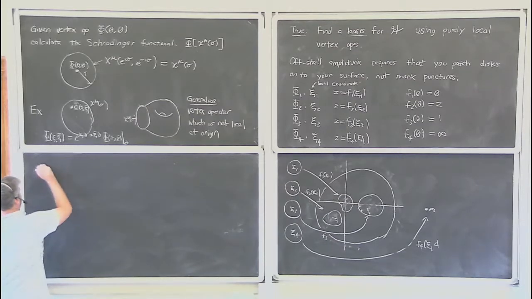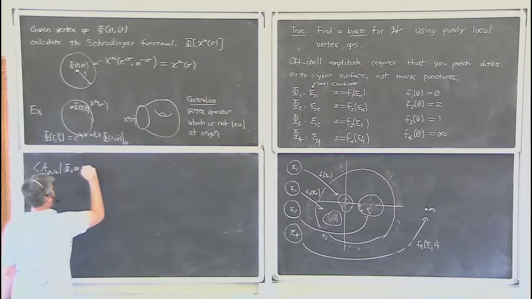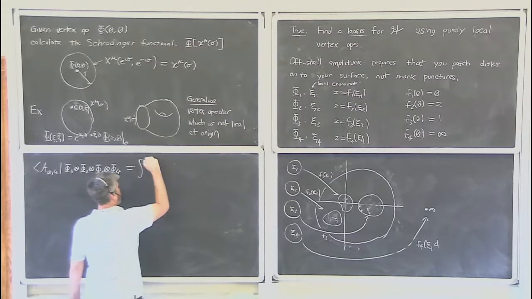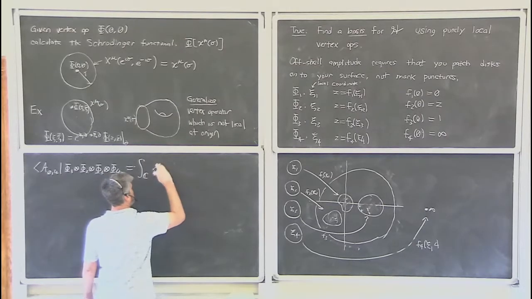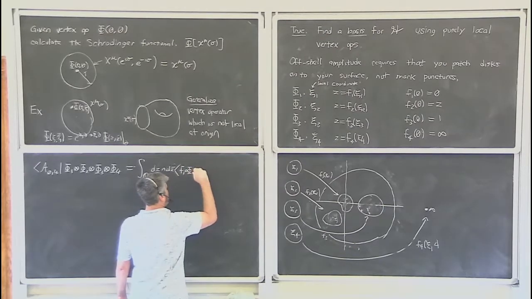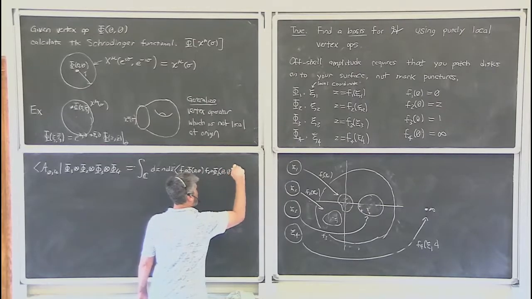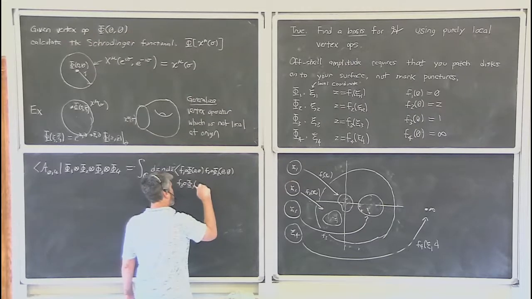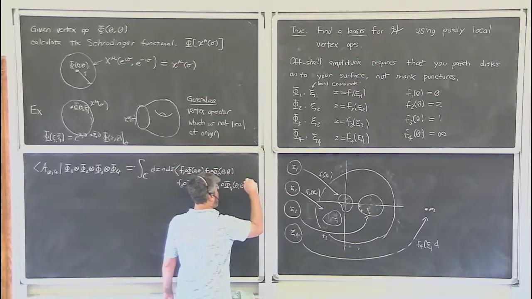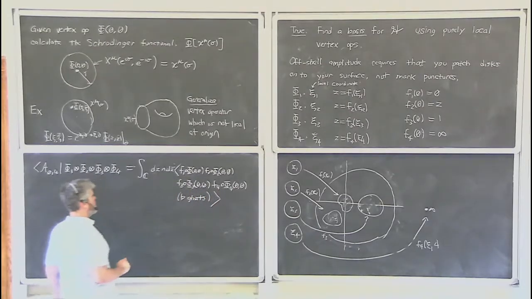So the proposal is that the off-shell 4-point amplitude should be given by an integral over the moduli space of dz wedge dz bar of this correlation function on the sphere: f1 circ phi 1 of 0, f2 circ phi 2 of 0, f3 circ phi 3 of 0, and f4 circ phi 4 of 0, with some b ghosts to complete the definition of the measure, which we will describe later.